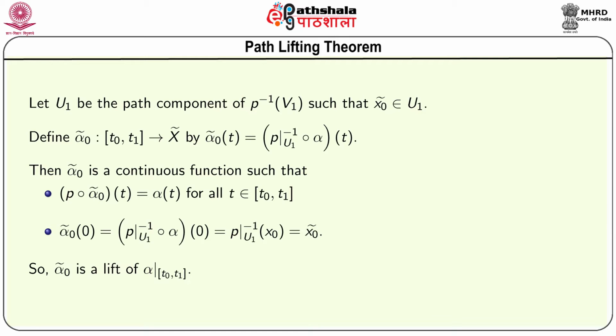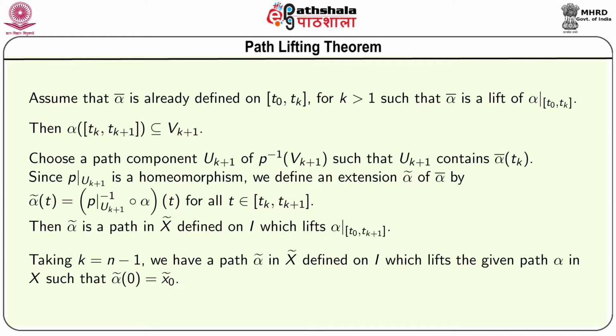Then alpha 0 tilde is a continuous function such that P composed with alpha 0 tilde is equal to alpha in the subinterval t0 to t1, and alpha 0 tilde evaluated at the point 0 is x0 tilde. So, alpha 0 tilde is a lift of alpha restricted to t0 to t1.